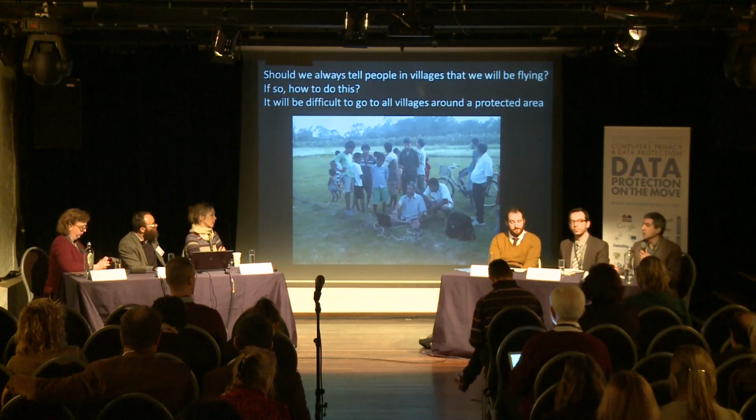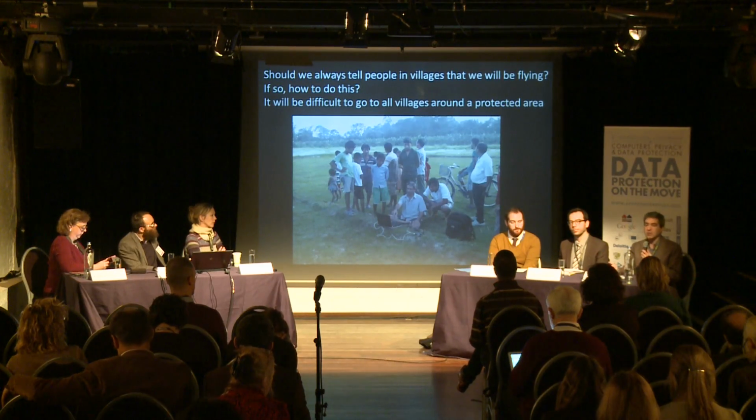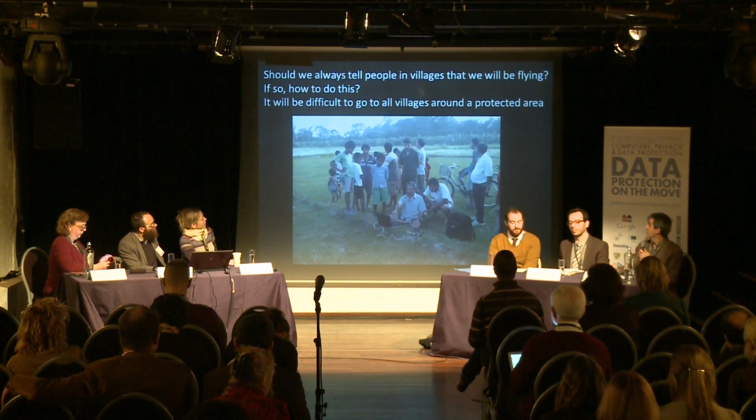So this is an interesting aspect as well, and we try to do our best to show everybody what we're doing, but of course we can't tell everyone, especially not people that go illegally into an area, because we don't know that they're planning to do that. So there's no real system for that.